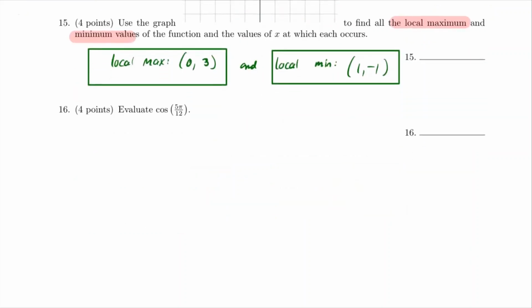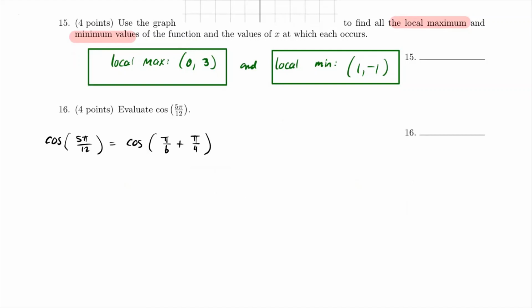All right, for the next problem, we want to evaluate cosine of 5 pi over 12. There are many ways to do this problem. I'm going to try to use the sum of two angles formula. So cosine of 5 pi over 12 is equivalent to cosine of pi over 6 plus pi over 4, because that will give you 5 pi over 12.